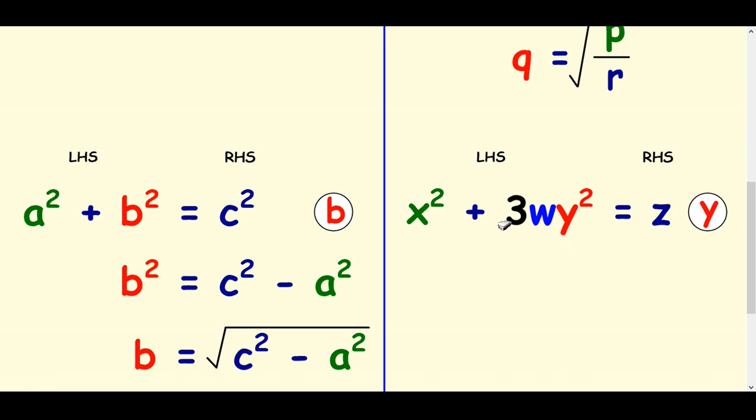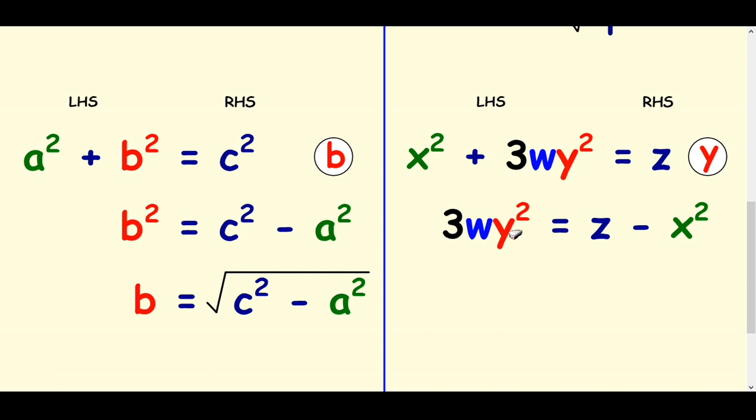Okay, last one here. So, the subject's y, and it's on the left-hand side, but the first thing I'm noticing, I've got this plus x squared. I don't really want that there. I want this grouping on its own, and then I'll deal with that. So I'm going to take away the x squared. The next thing I want to do is get the y squared on its own. There are rules to these, and if you follow the ideas here, it should help you solve the problems.